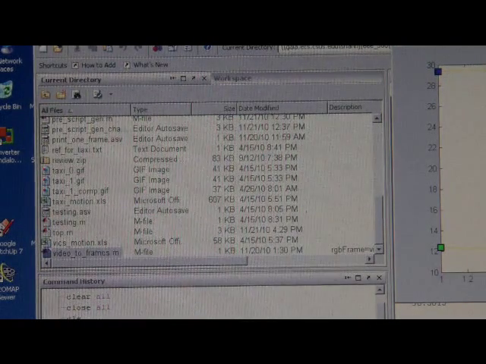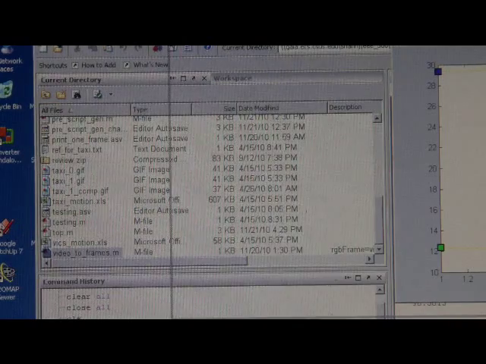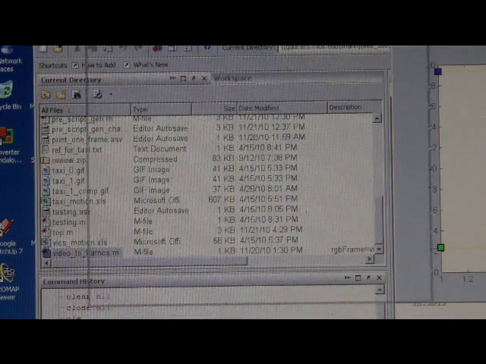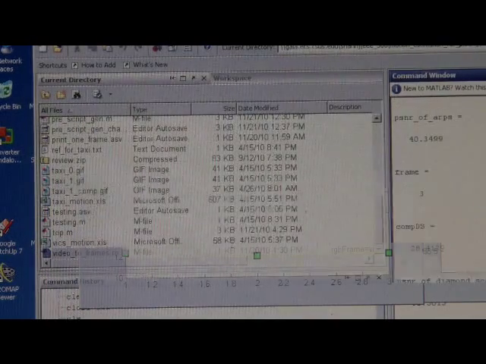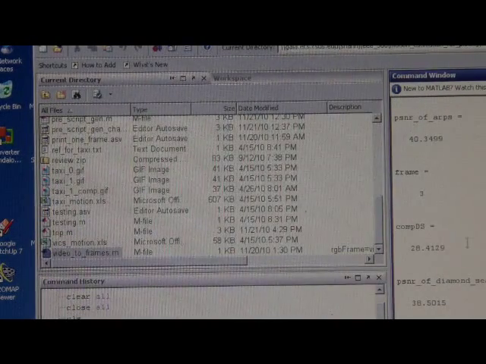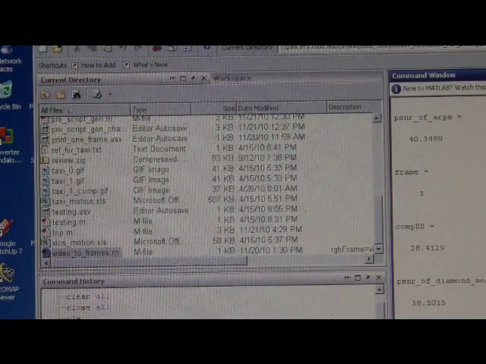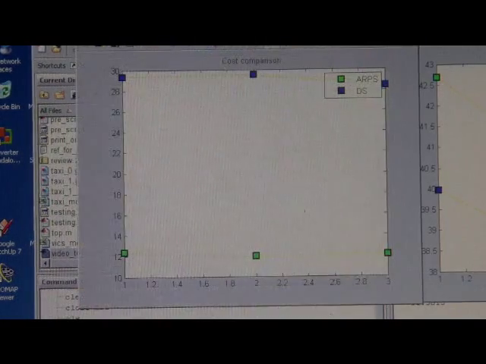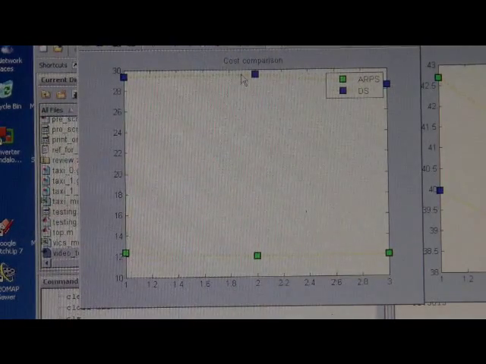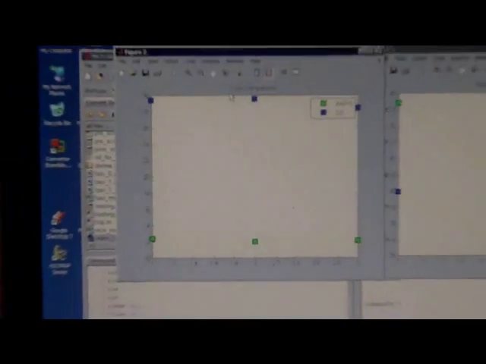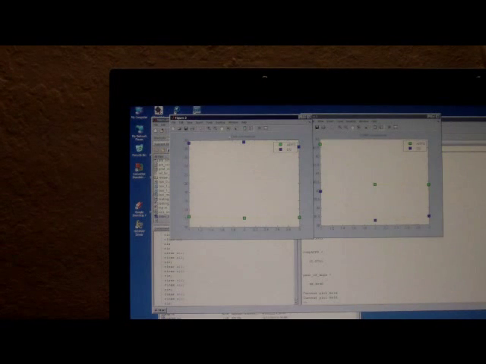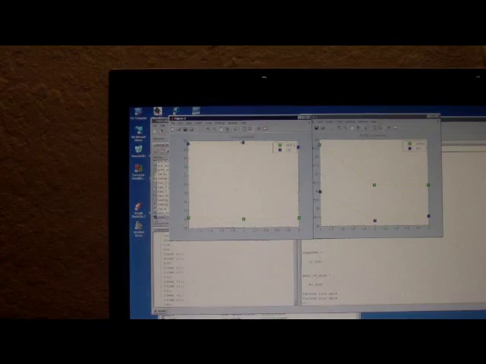So let me show the plot here. The values received in this simulation are plotted in terms of a graph in these two figures. Notice that this figure is showing the cost comparison between diamond search and adaptive root pattern search.